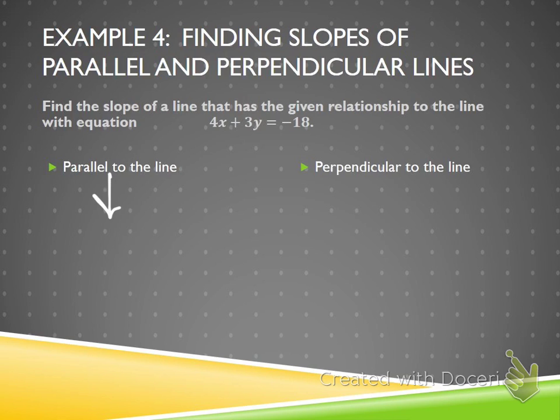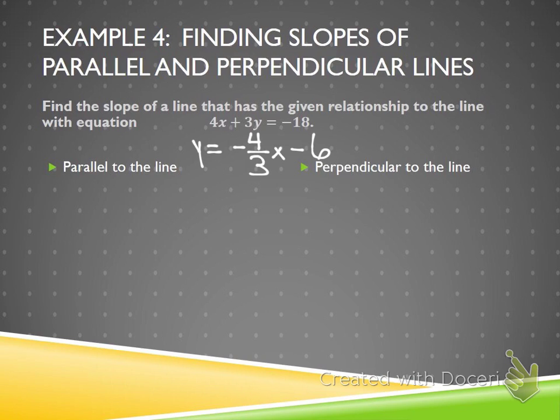Then we're going to find the slope of its parallel line and the slope of its perpendicular line. Okay, so it's going to be y equals what? Yes, negative 4 over 3x minus 6.